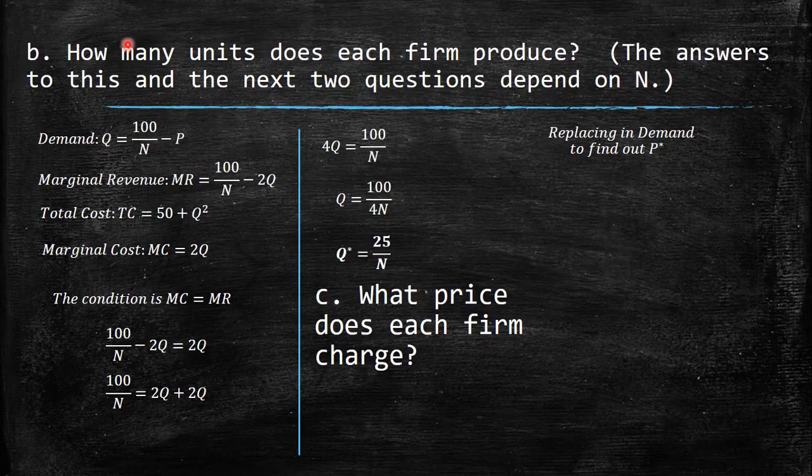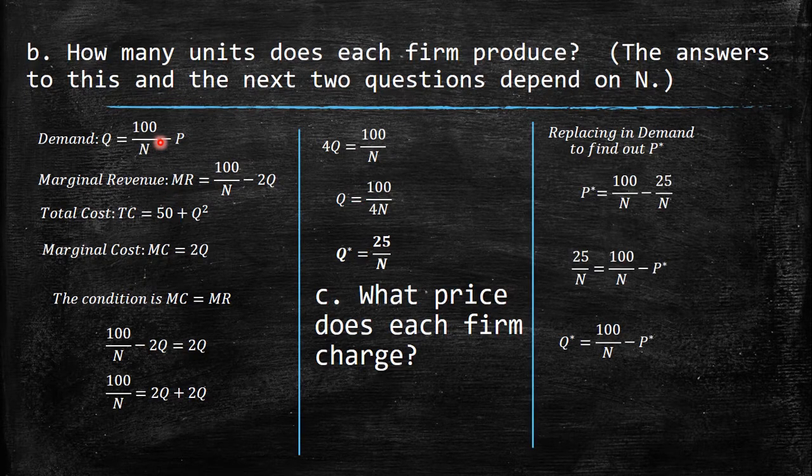So you need to replace it in the demand. So we have here the P star. Remember, Q star is equal to this, so then you can put the price over here and the Q here.